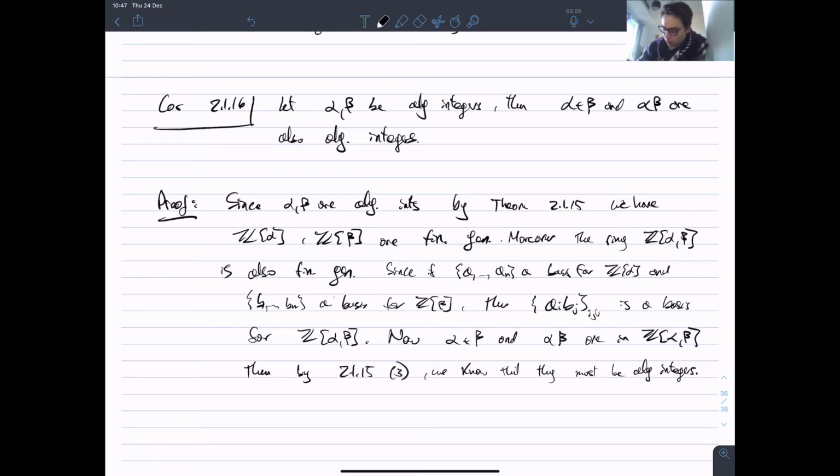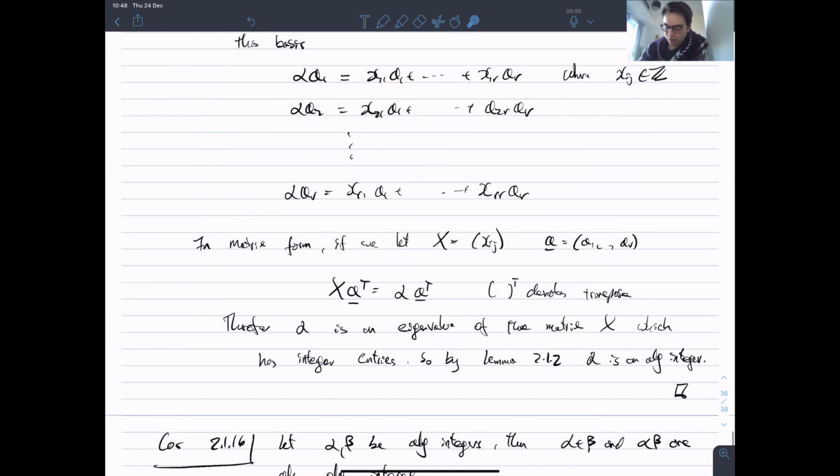Cool. So although I've not found what the minimal polynomials of these two things are, and in general that's really tough, we know that there exists some polynomial because this ring is finitely generated. Therefore, its elements have to be algebraic integers.